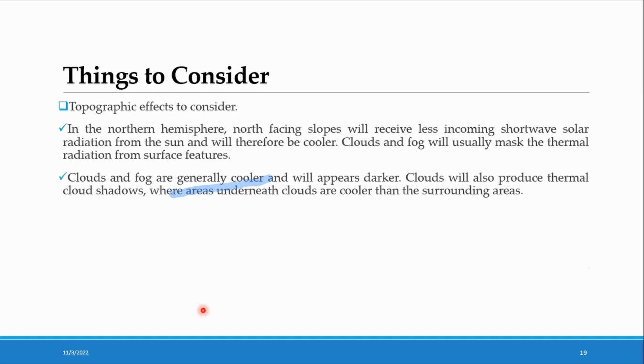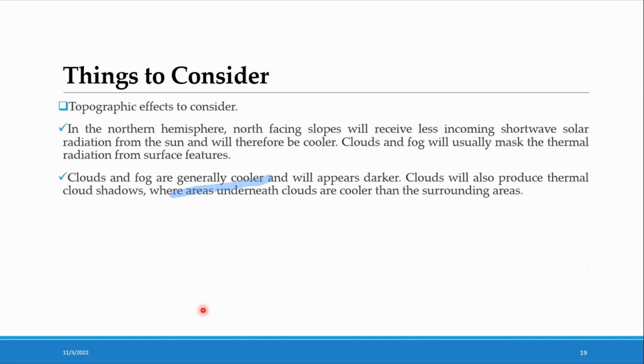The other consideration that you should look at when analyzing this data is topography. The way the area is topographically viewed affects how high or how low the temperatures recorded by the sensors will be.